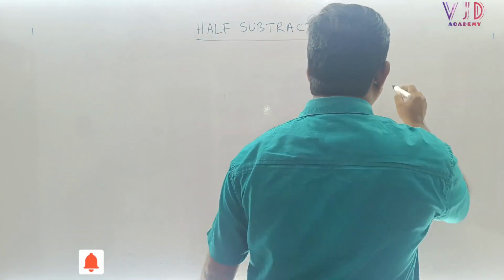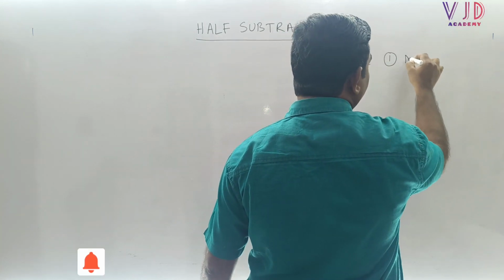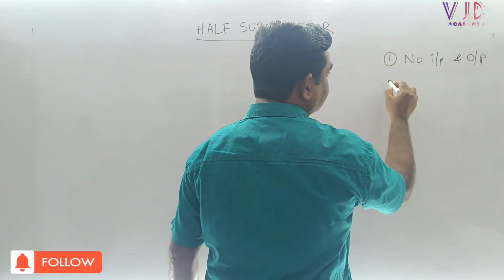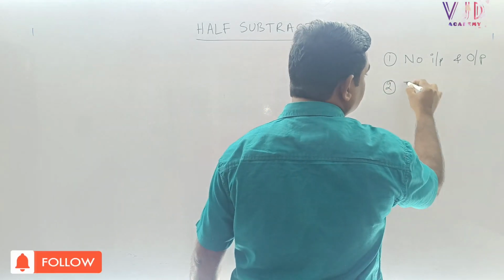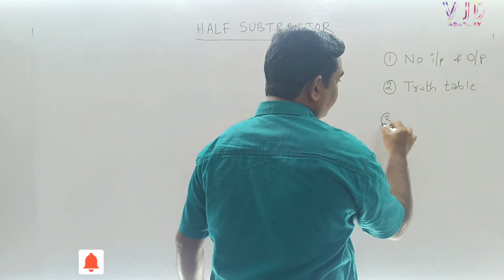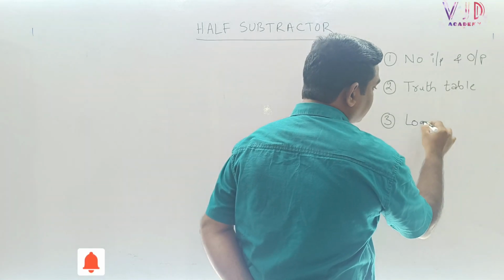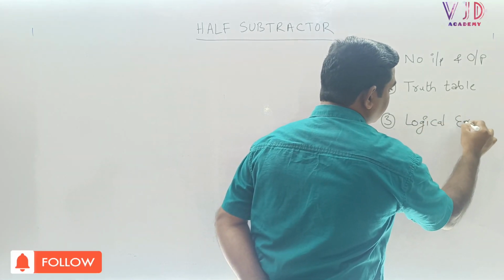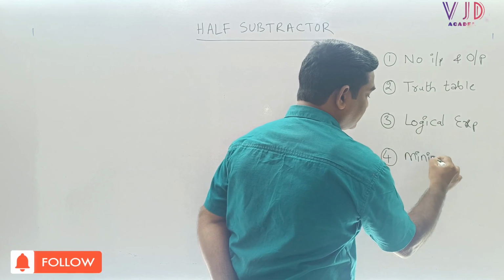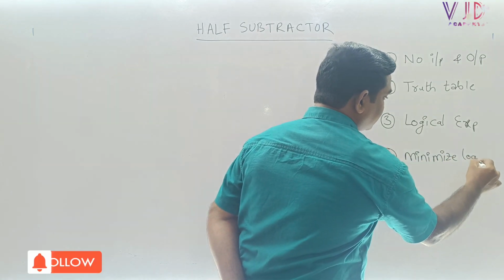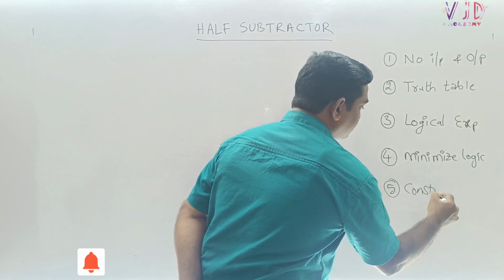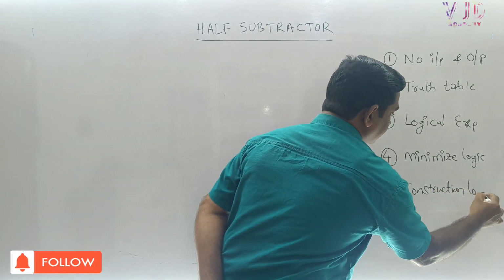The first thing is to find how many inputs and outputs there are. The second is to construct the truth table, then find the logical expression, then the fourth is to minimize the logical expression, and the fifth is construction of the logic circuit.